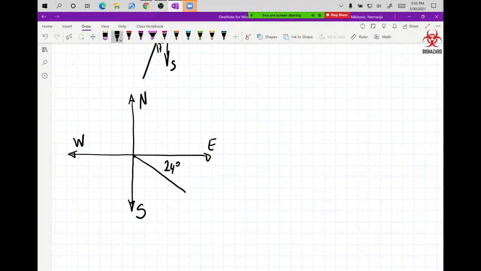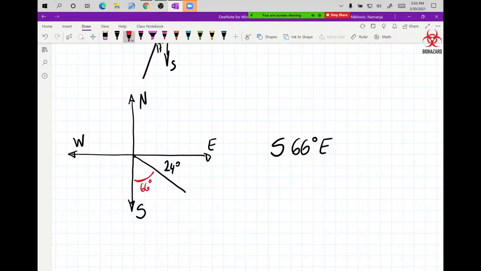Let's see. What do you have? Is it south 66 degrees east? Very good. South, 66 degrees east. Because this is the angle that we need, and that's 66 degrees because together they have to make 90.